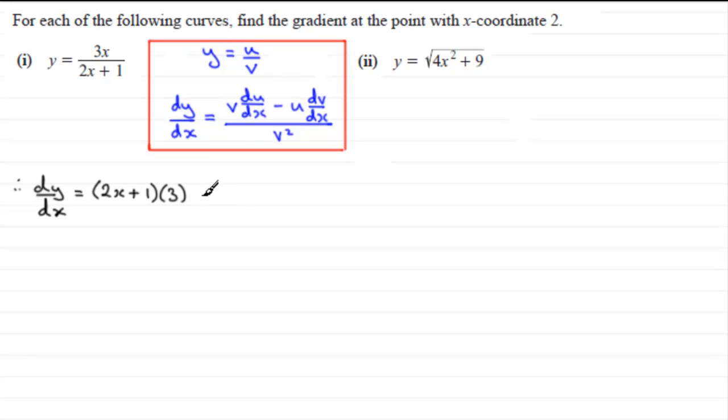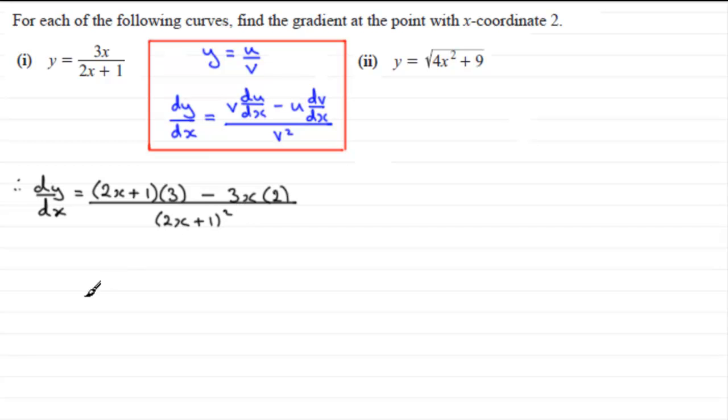And from this we subtract the numerator, 3x, multiplied by the differential of the denominator. Differentiating 2x plus 1 just gives us 2. And this is all divided by the denominator squared, so 2x plus 1 all squared.